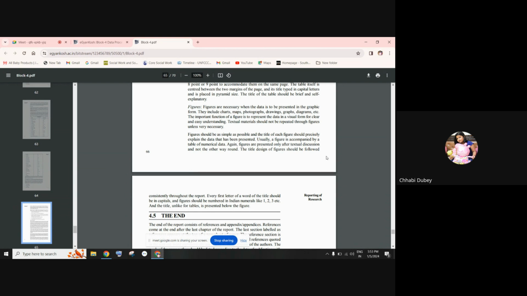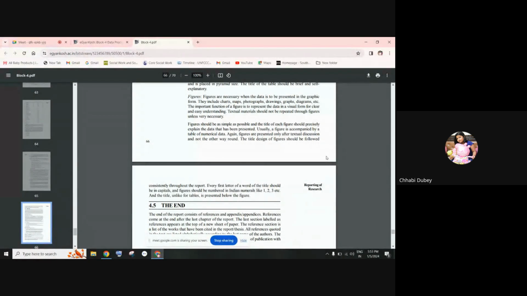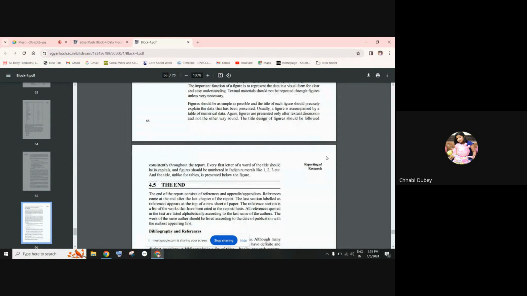Now, after the body part, we come to the end part of the research report. This generally consists of what is known as the references and appendix or appendices. References come at the end, after the last chapter of the report.